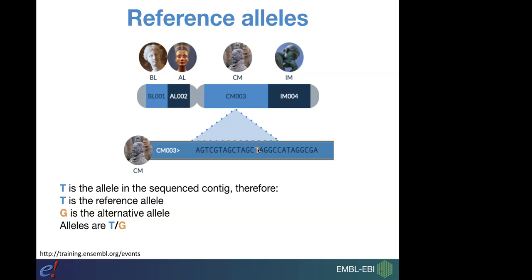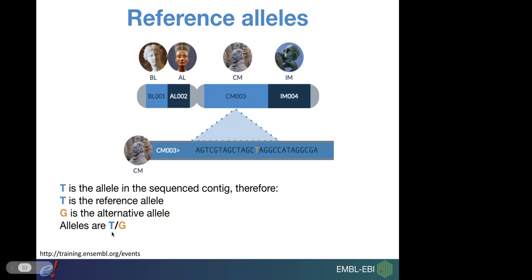So the T that this individual has is only represented in 5% of the population, whereas the rest of the population has a G at this position. However, T is the allele found in this sequenced contig. Therefore, T is going to be the reference allele, and G is going to be the alternative allele.